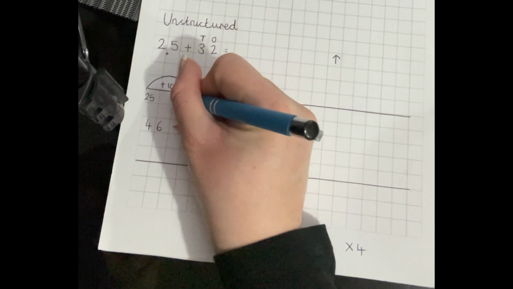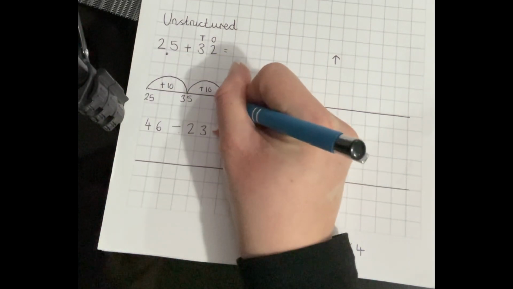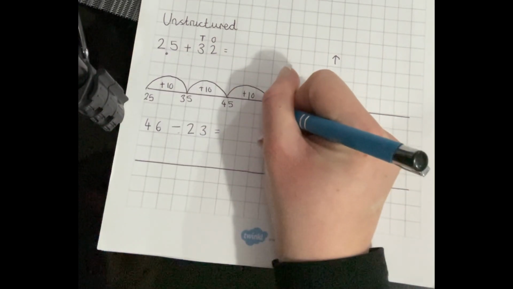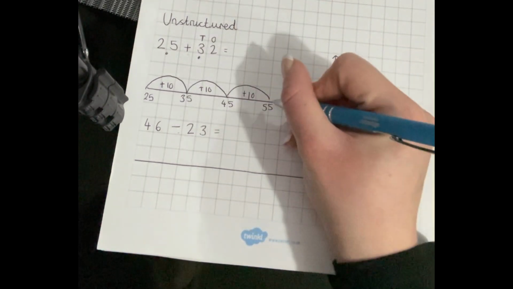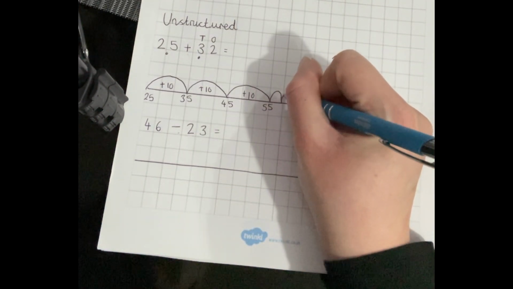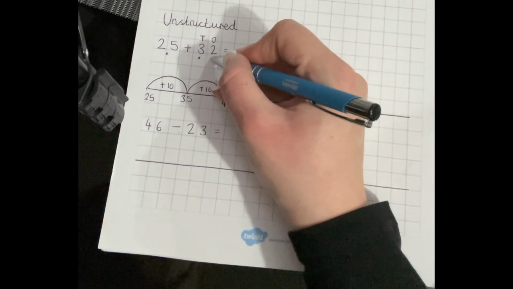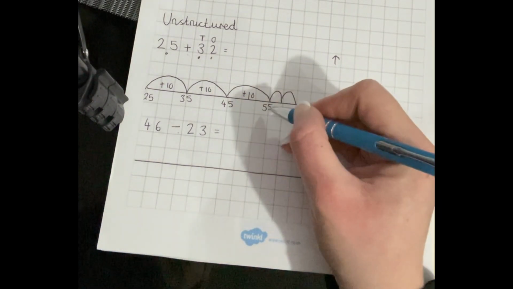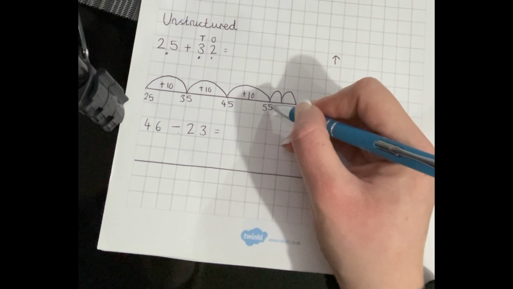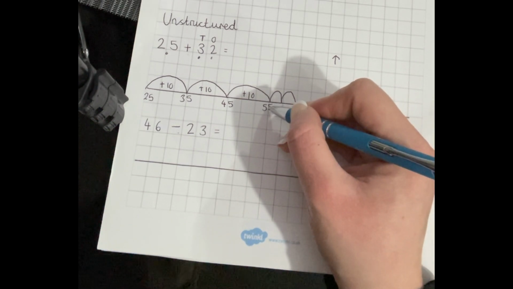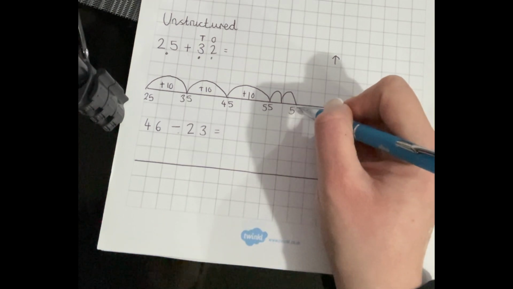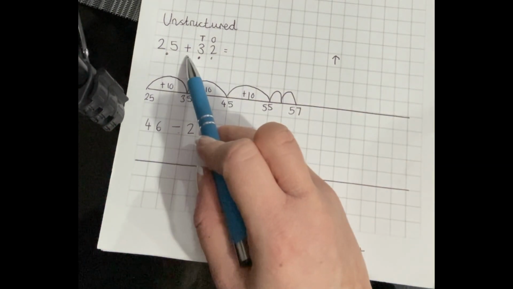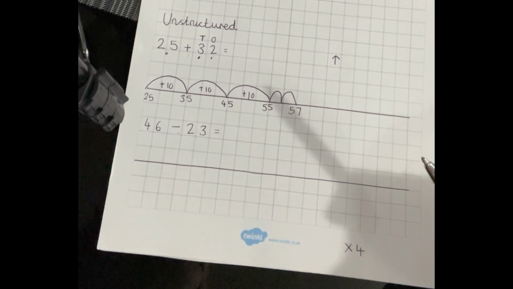So 25, 35, 45, 55. Now I've added my tens, I now must add the ones. So 2 ones jumps in 32. So now I need to count in ones, not tens. 55, 56, 57. So that's addition on the unstructured number line.